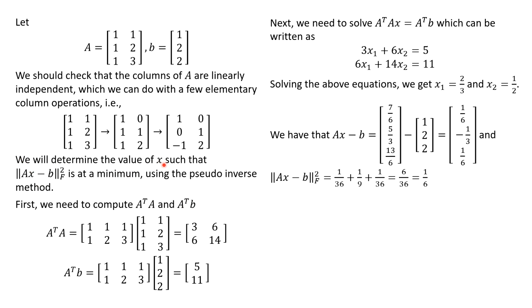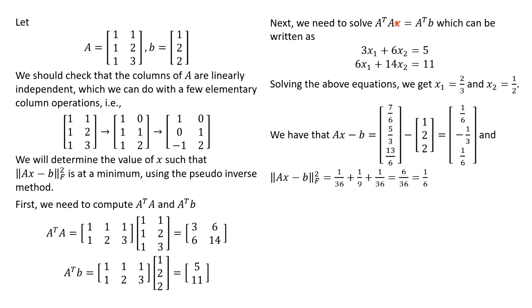We want to determine the value of x such that this Frobenius norm is at a minimum. We use the pseudo-inverse method. So we compute A transpose A, which I've done here, and then A transpose b. Some simple multiplications. Actually, we don't just directly compute the pseudo-inverse, we solve this system of equations, which is equivalent to solving for the pseudo-inverse.